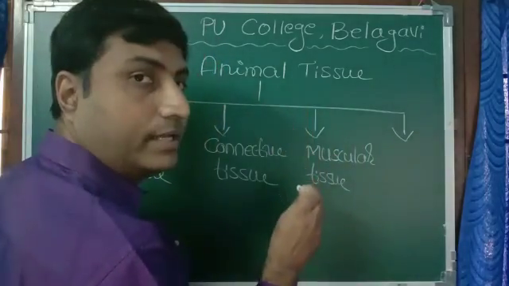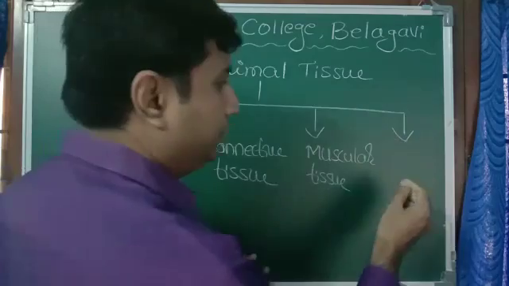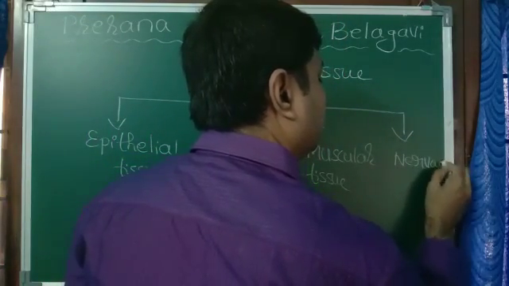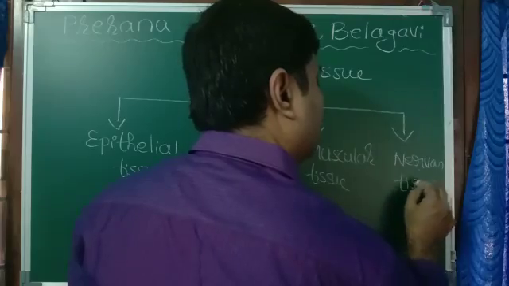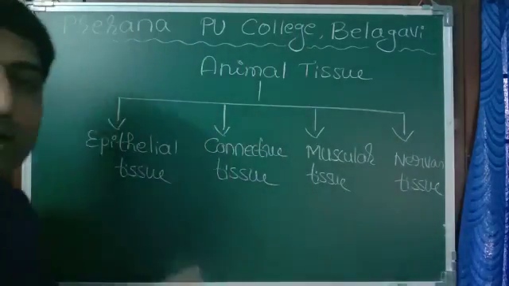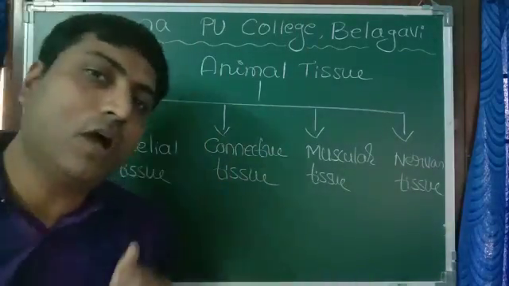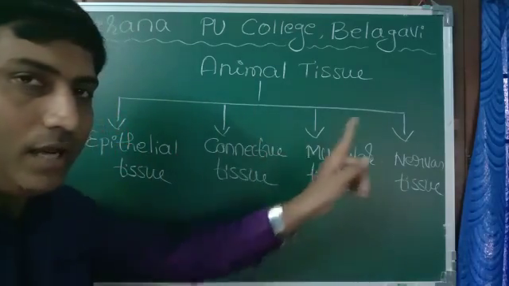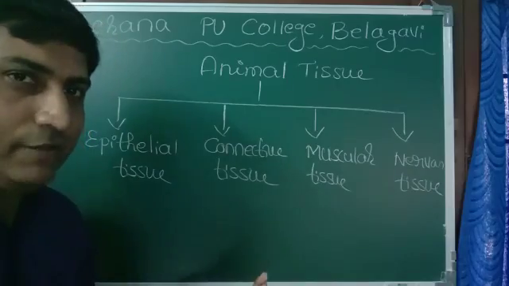And the last one is nervous tissue or neural tissue. Yes, these are the 4 types of tissue found in animals. Epithelial, connective, muscular, nervous. Let us study one by one.